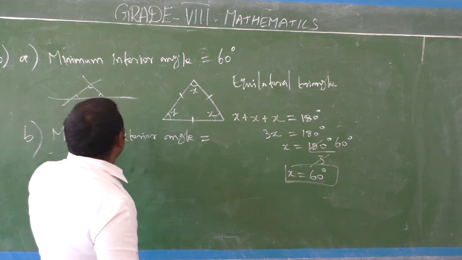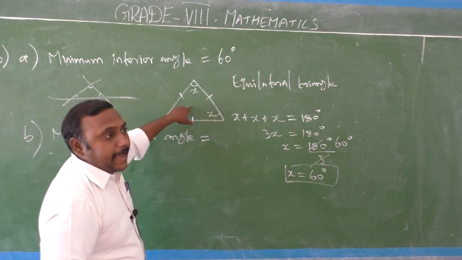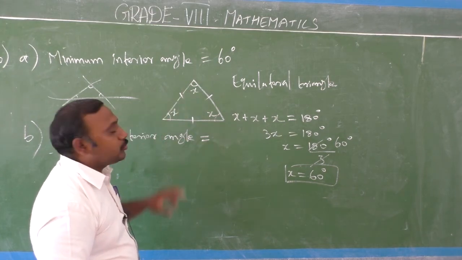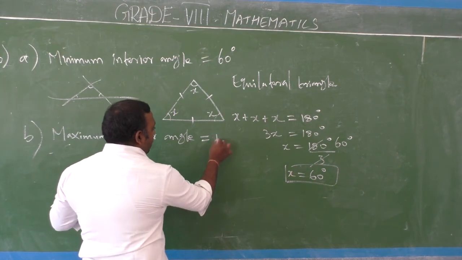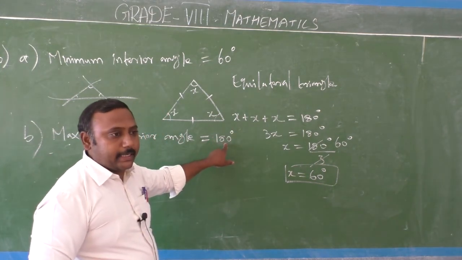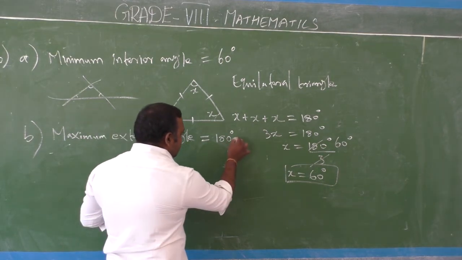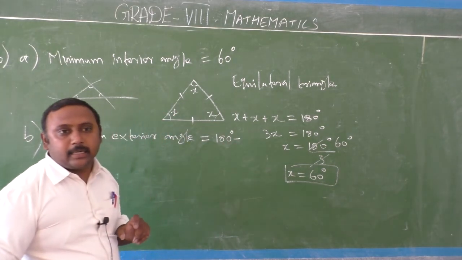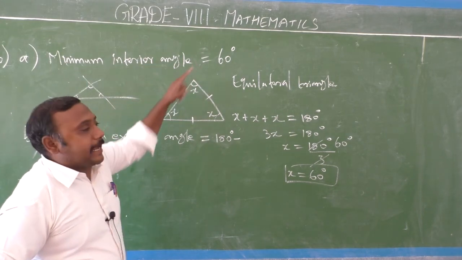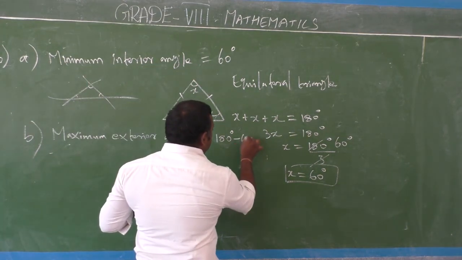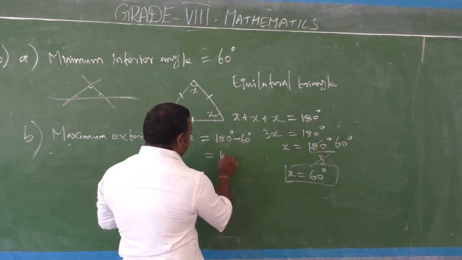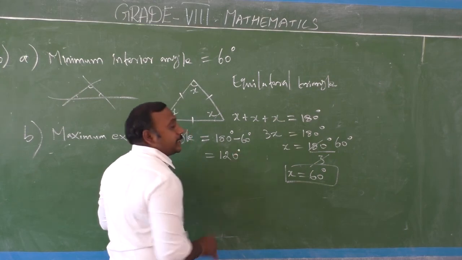The sum of the total angle is 180 degrees. So 180 degrees minus the minimum interior angle, which is 60 degrees, is equal to 120 degrees.